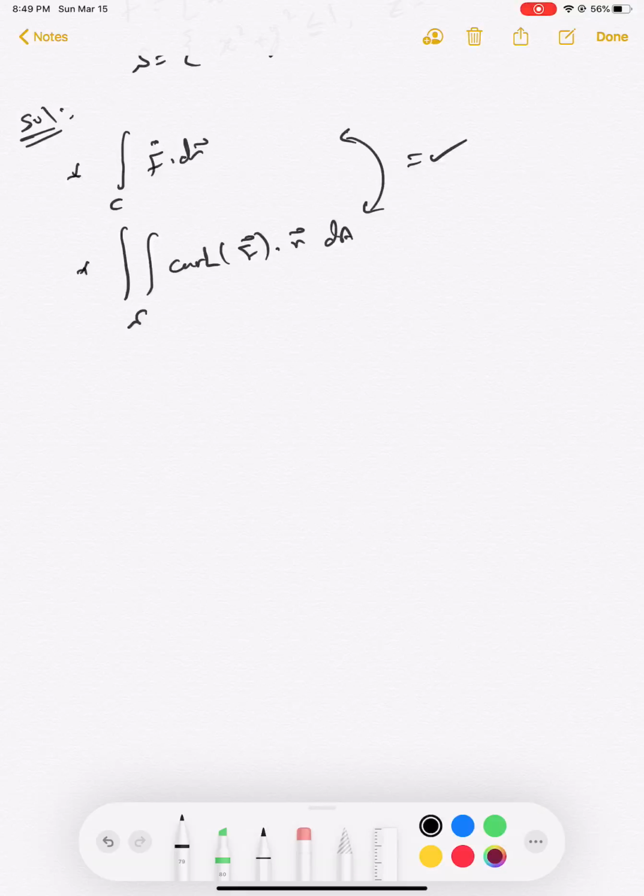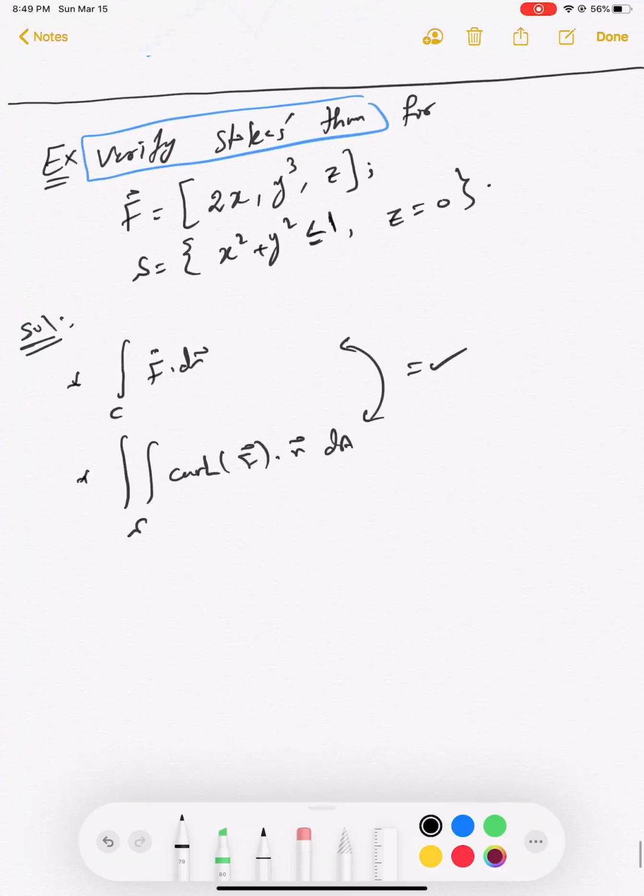So first, before starting the computations, what is my surface? My surface is the disk at the z equals 0 level. It is the disk, so this is my surface S. Now in this case, what is my curve? This is my curve.